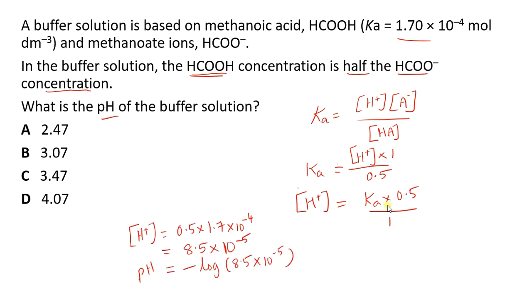If I multiply Ka by 0.5, I get 8.5 times 10 power minus 5. So I've got the hydrogen ion concentration here, and I just have to do pH equals minus log of that value. That gives us 4.07. So this D must be our correct answer.